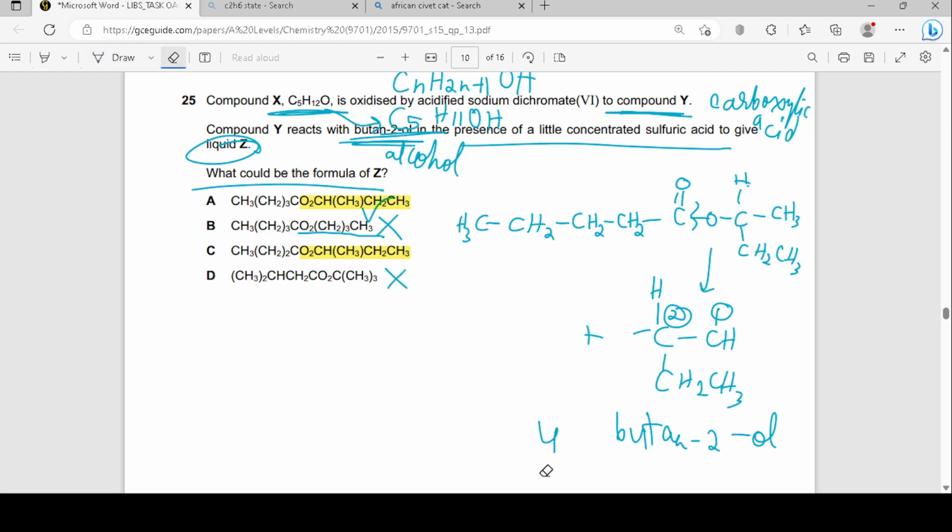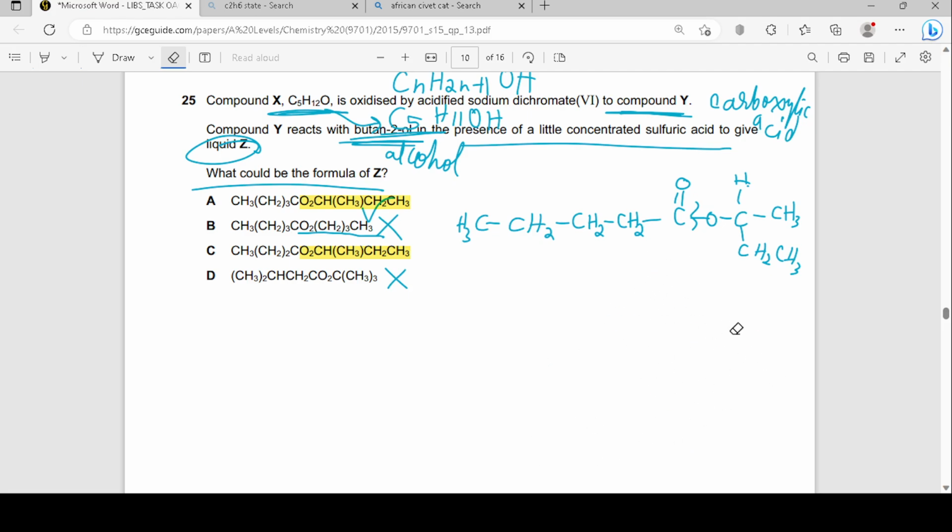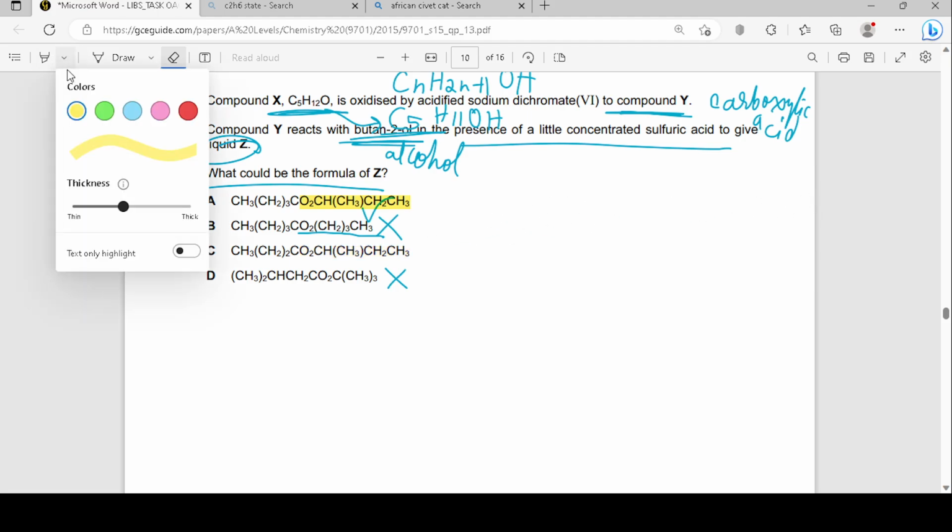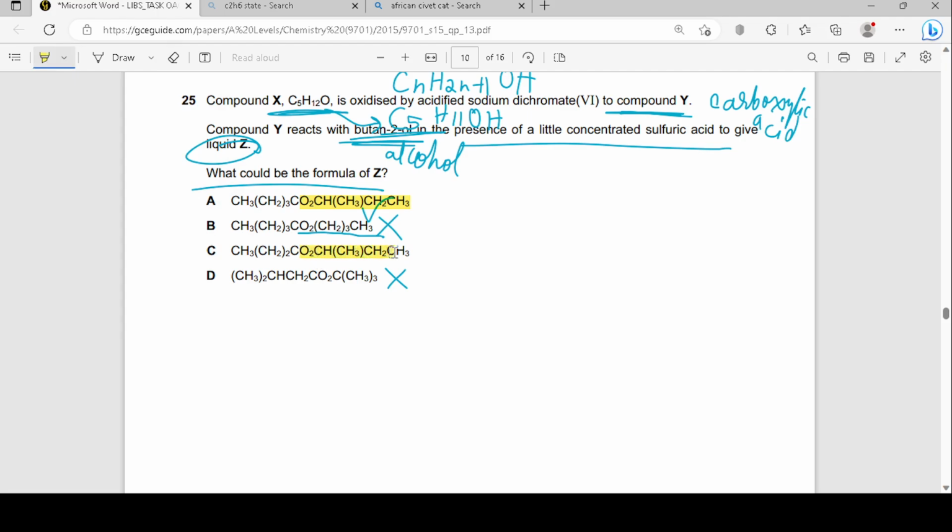But I am going to focus my attention on A and C because I've already eliminated B and D, because those two don't give me butan-2-ol. Okay, let me look at A and C.